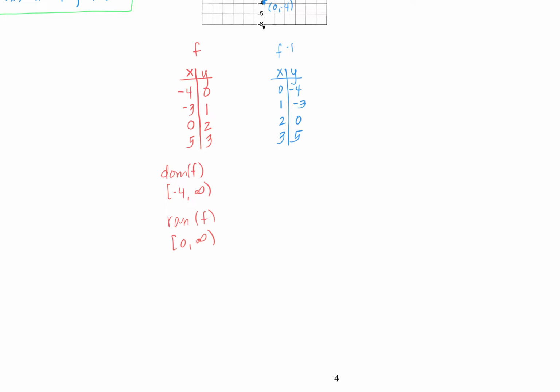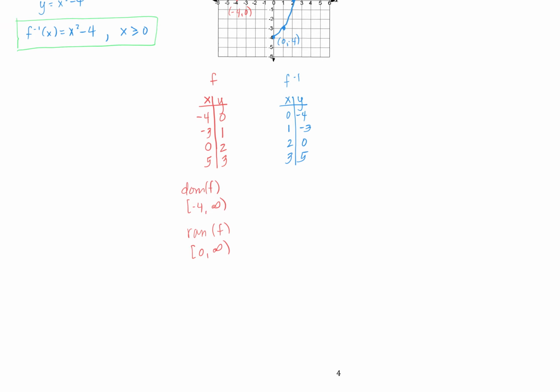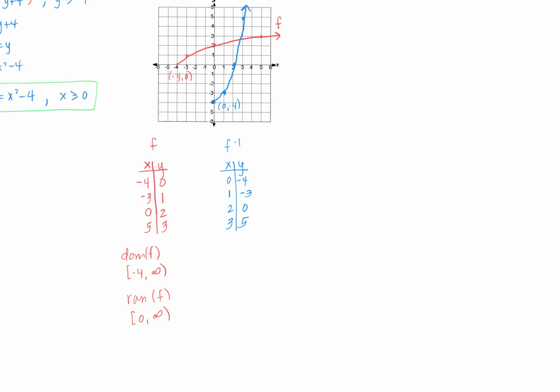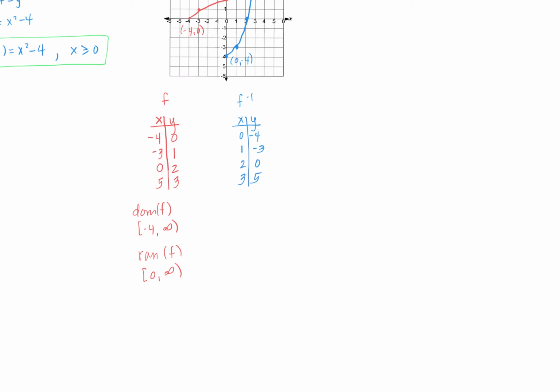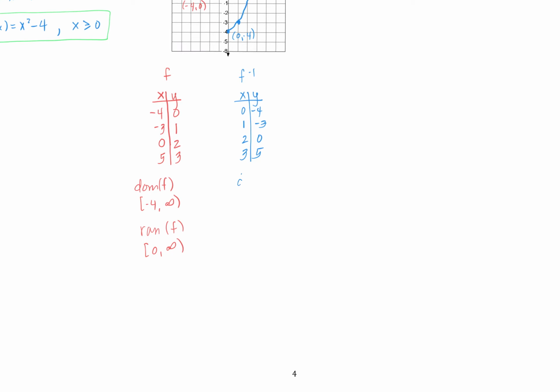And when we exchange x and y values, we exchange domain and range. So for my inverse function, the smallest x value is 0, and then it goes to infinity. So that would be the domain of f inverse: 0 to infinity. And then if we look at the range of the inverse function, those are our y values.